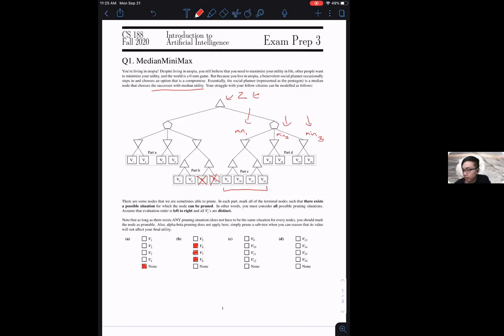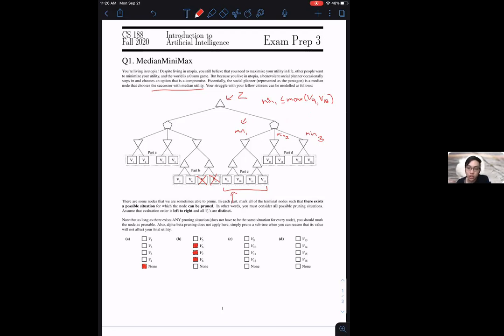So in this part, we could consider the scenario where min1, which is this value, is less than or equal to the maximum of v5, v6, which are these nodes right here. Oh, sorry, not v5, v6, v9, v10. I misspoke. Which are these nodes right here, right?